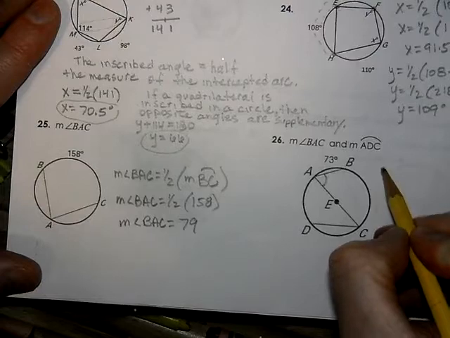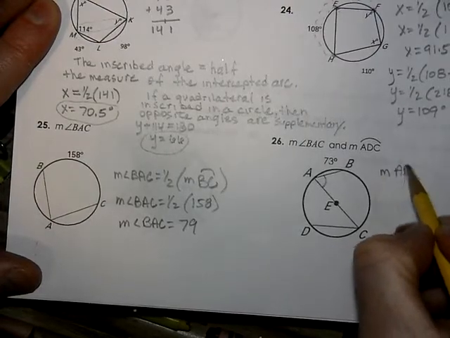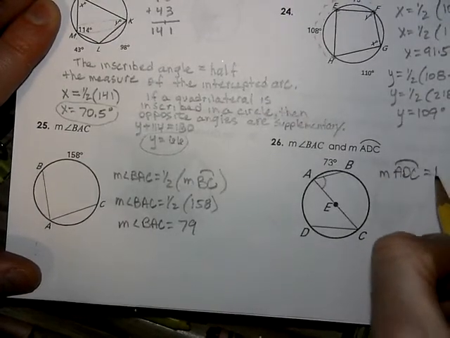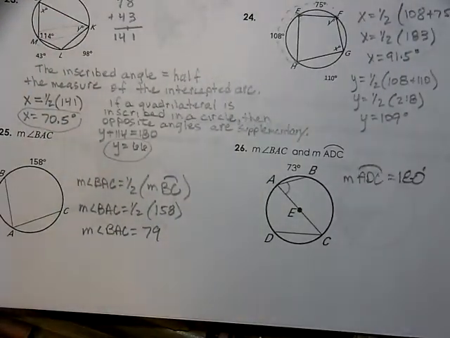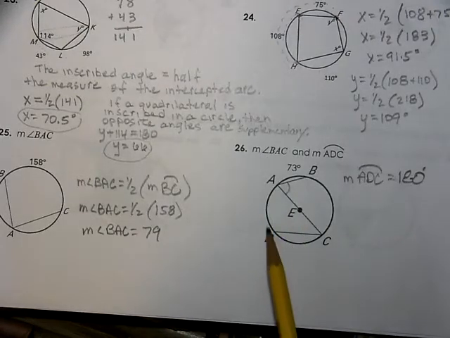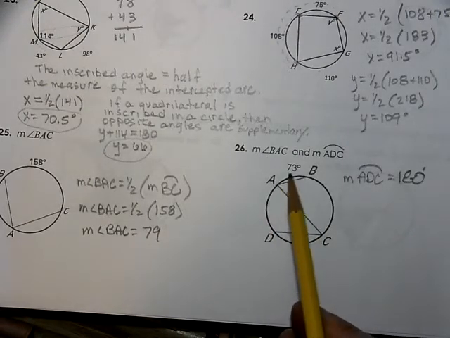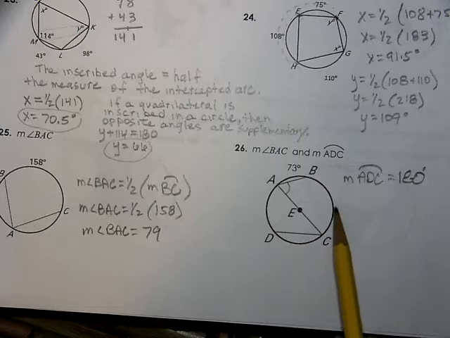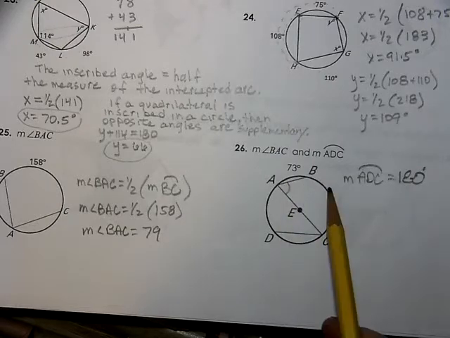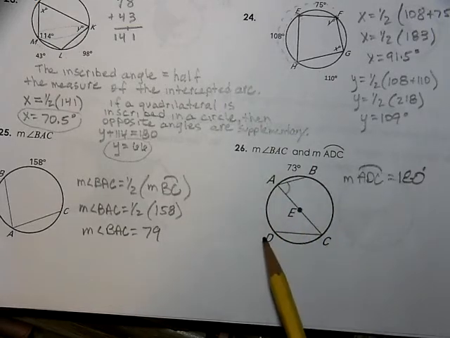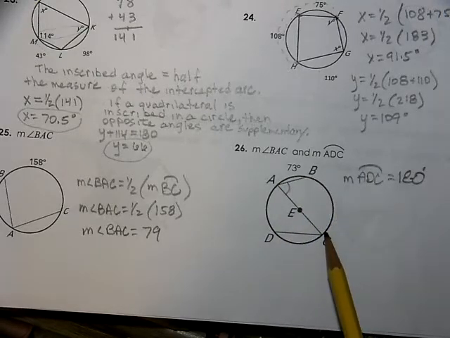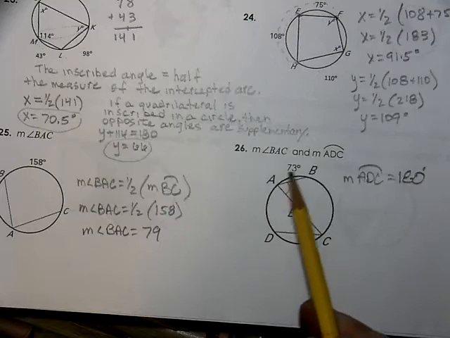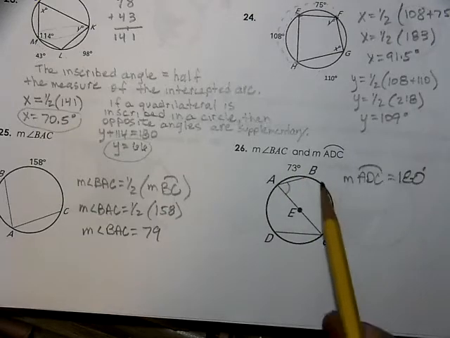So I know the measure of arc ADC equals 180. Now, if it's 180 on this side, then I know it's 180 on the other side of the diameter, because it's 360 for the whole circle. So if we have 180 over there, part of it is 73. That gives me that BC.